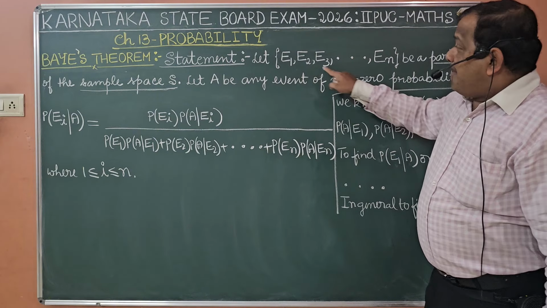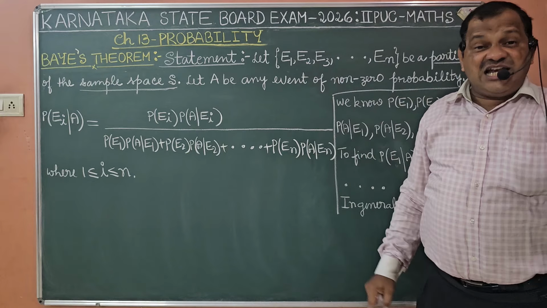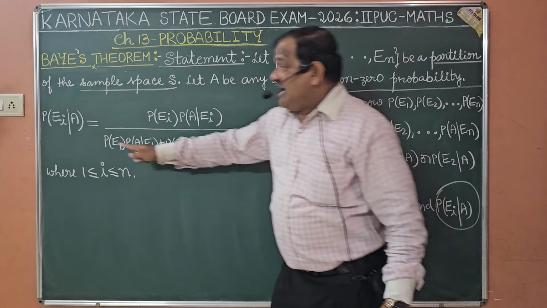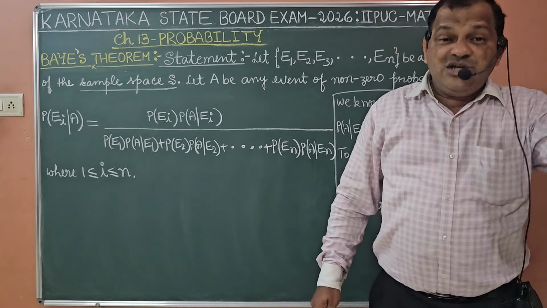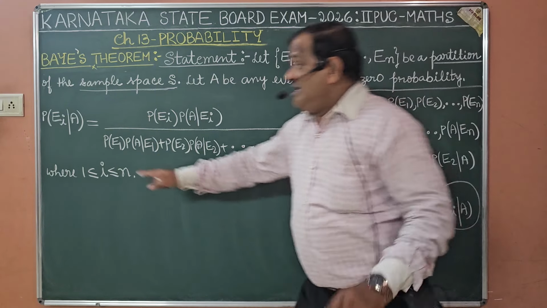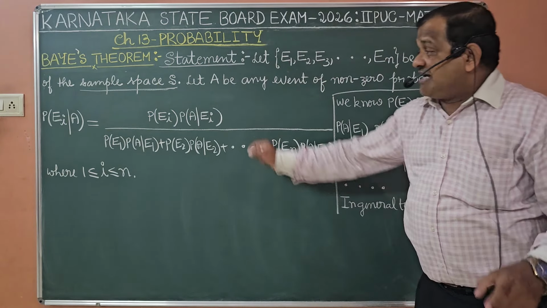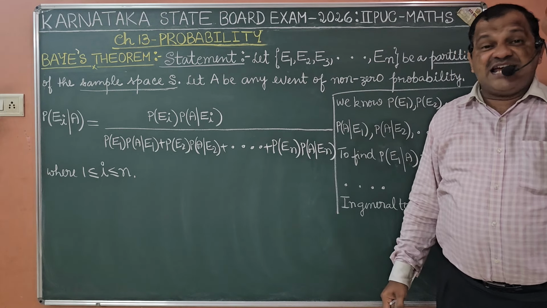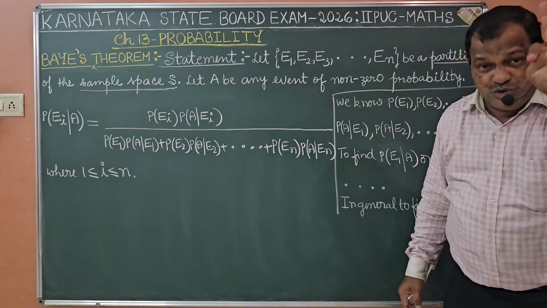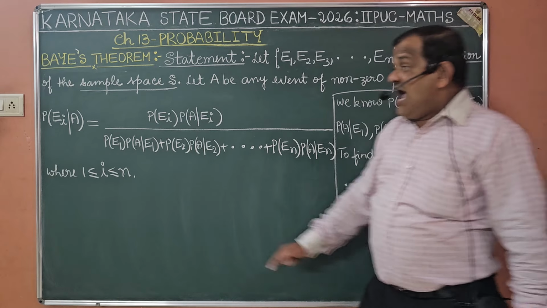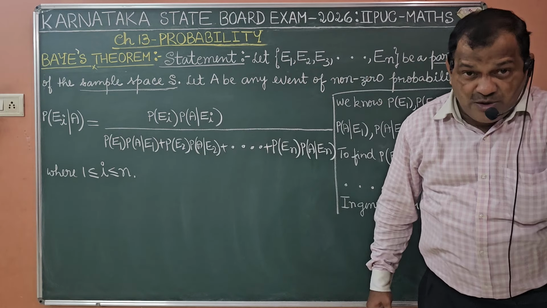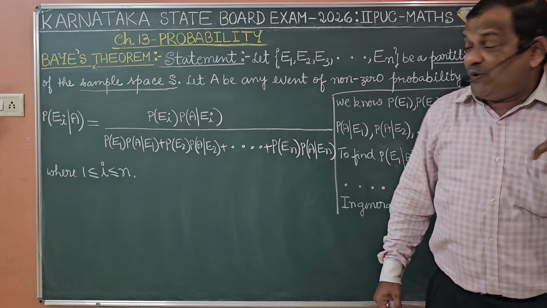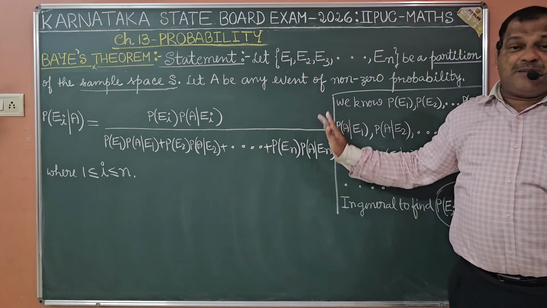Therefore, when the partition contains exactly 2 events, this formula will be very simple. It will be either probability of E1 given A or probability of E2 given A. That I will give you slightly later. Similarly, when the partition contains exactly 3 events, E1, E2, E3, then the formula will be either probability of E1 given A or probability of E2 given A or probability of E3 given A. I request you kindly go through this much.